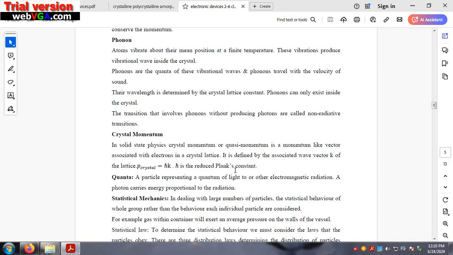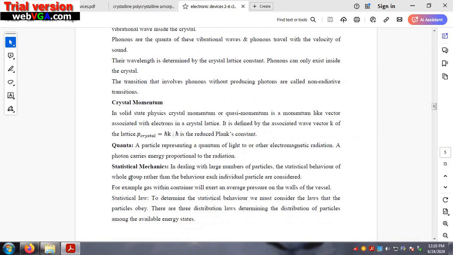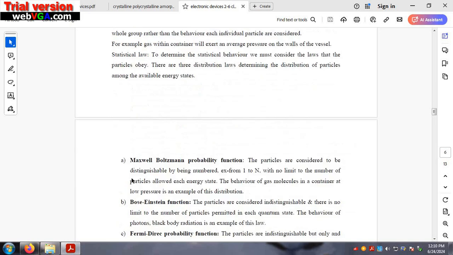The reduced Planck constant is denoted like this. The quanta, what is that quanta? A photon is a particle representing a quantum of light or other electromagnetic radiation. A photon carries energy proportional to the radiation frequency.